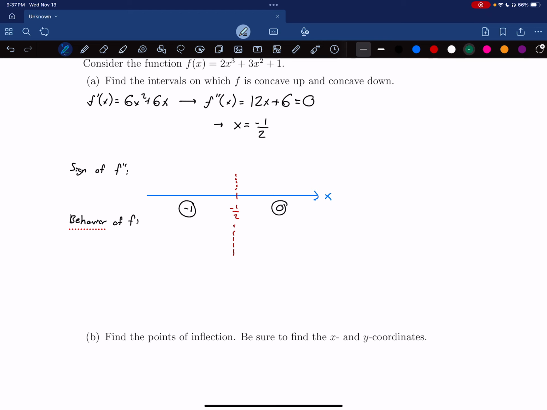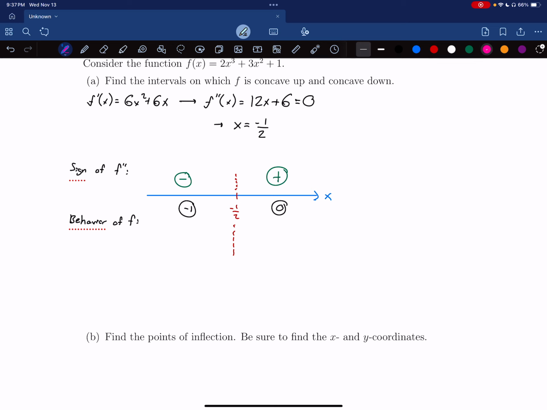Alrighty then. So we'll plug our test values into our second derivative. We will have negative 1 into 12x plus 6, which gives us negative 12 plus 6, which is negative 6, which is a negative. Then plugging 0 into f double prime, we'll just get 6, which is a positive. Easy enough with really just one factor here.